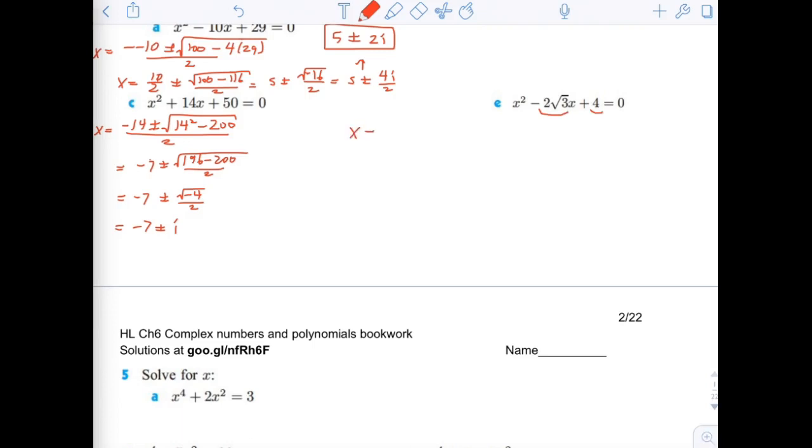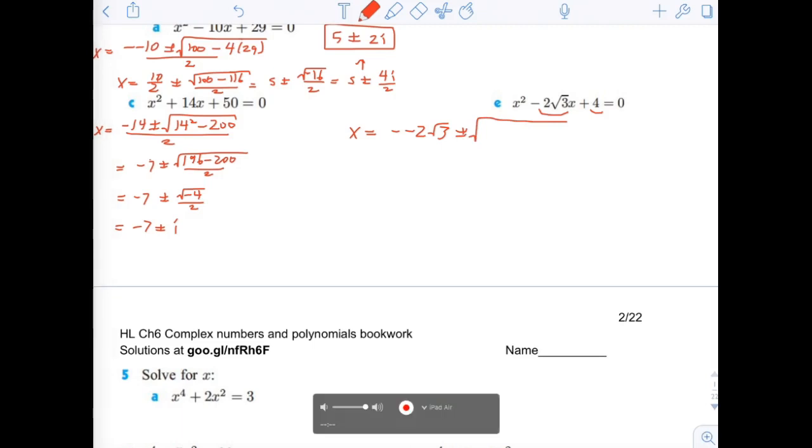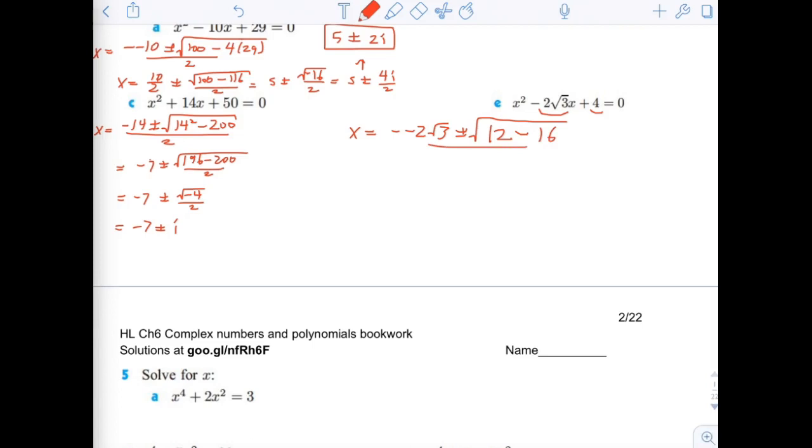So that would be x equals negative b, so negative negative 2 square root of 3, plus or minus the square root of b squared. b squared would be 4 times 3, because 2 squared times square root of 3 squared would be 12. So b squared is 12, minus 4 times 1 times 4, which would be 16, divided by 2a, which is 2.